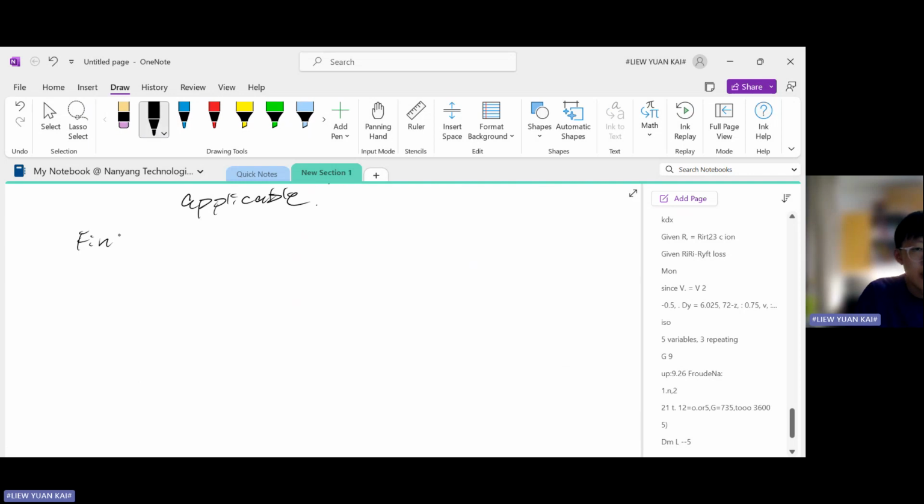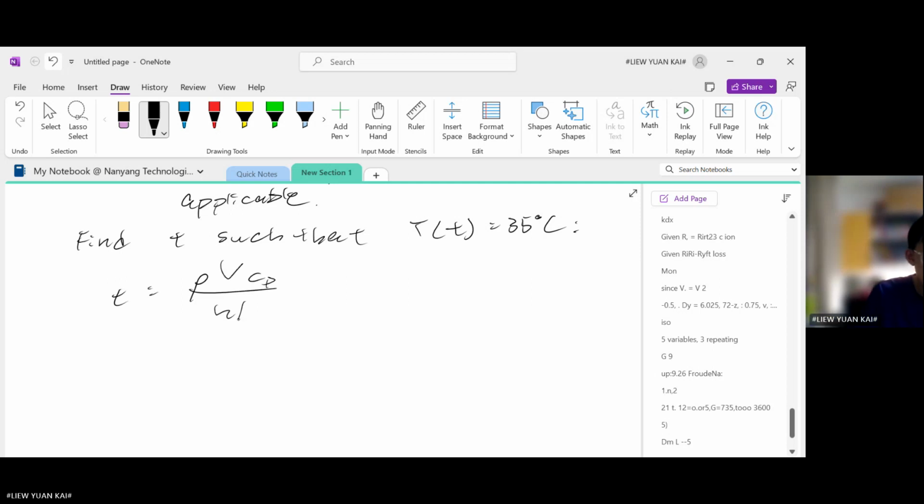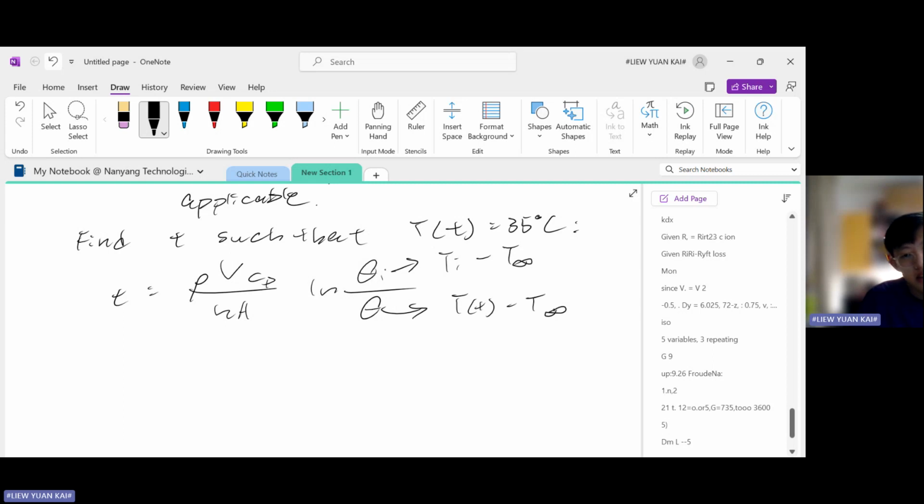Now you continue on. So remember, we want to find t such that T of t is equal to 35 degrees Celsius. Right? So you use the time formula. Recall that this theta i refers to Ti minus T infinity, and theta refers to T of t minus T infinity.